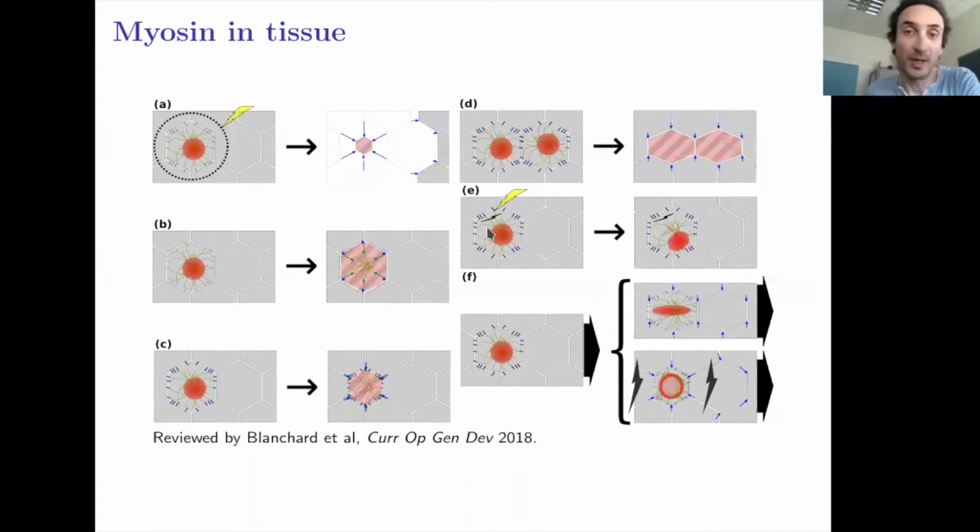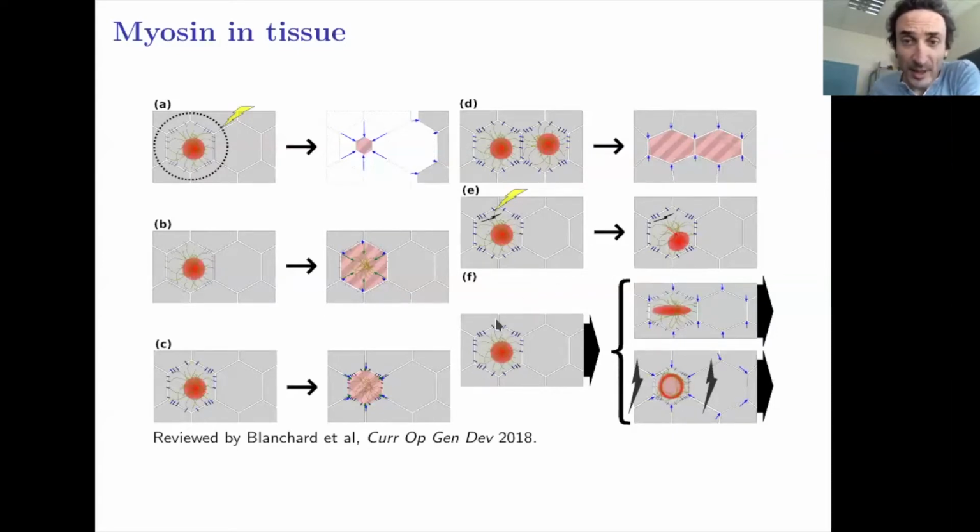Yet another experiment is to make a cut within the actin of a cell next to some myosin, and you see then that the myosin is pulling and going away from the location of the cut, which is something you're beginning to feel is natural if myosin indeed is pulling on this network of actin.